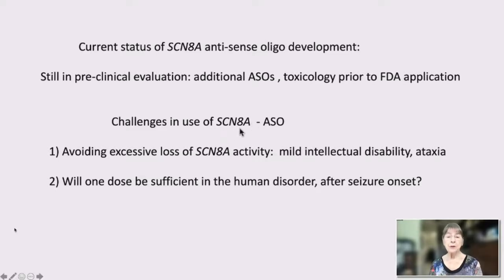And there are challenges in the use of this SCN8A gapmer ASO, one being avoiding excessive loss of SCN8A activity. Even loss of 50% can result in a level of intellectual disability and ataxia. And it is unknown whether one dose would be sufficient in the human disorder if administered after seizure onset.